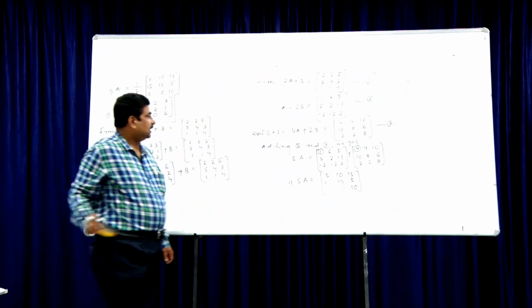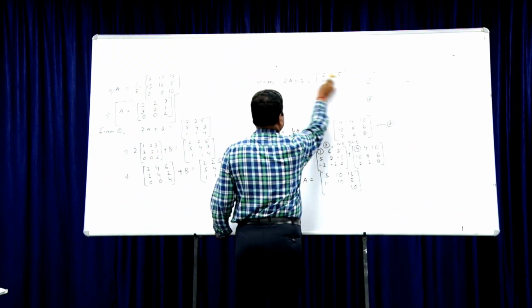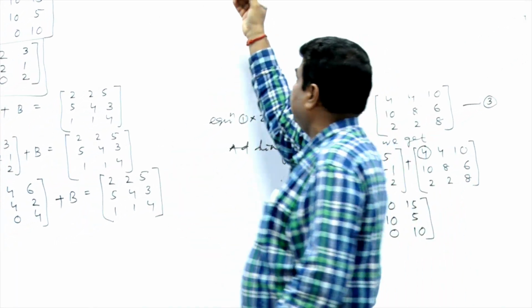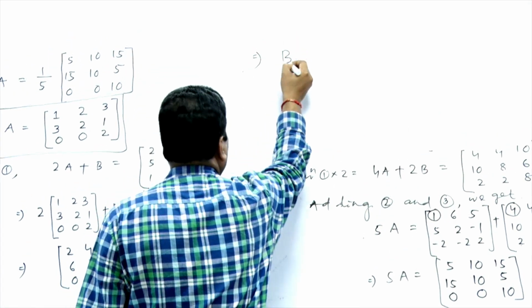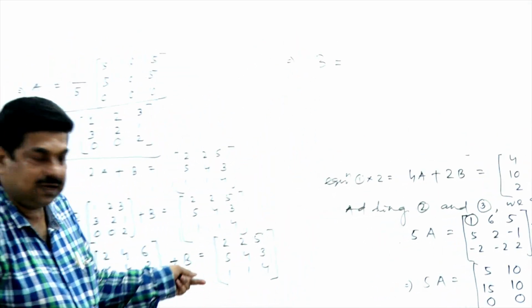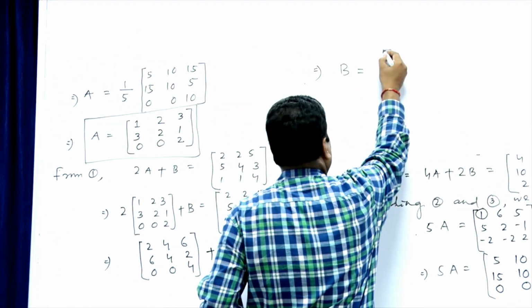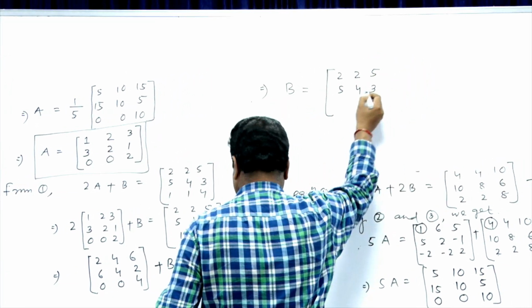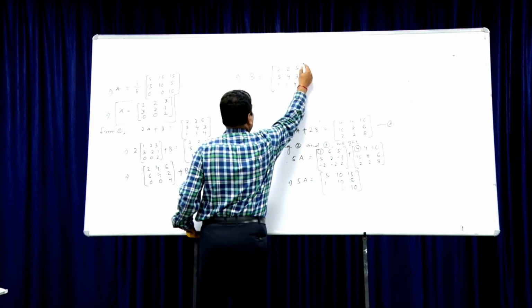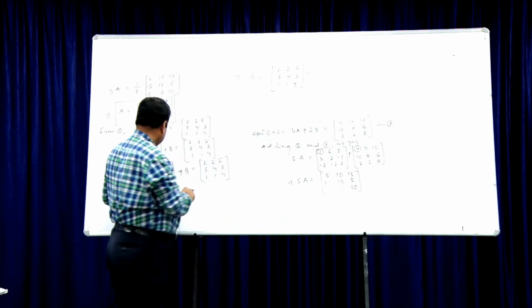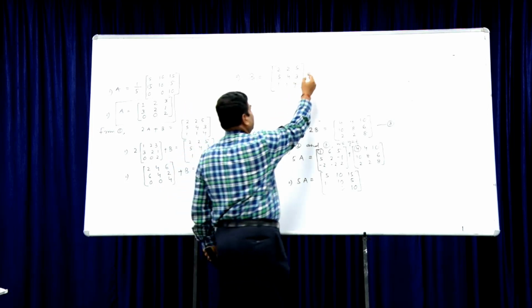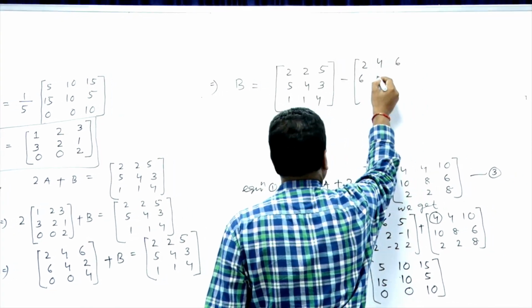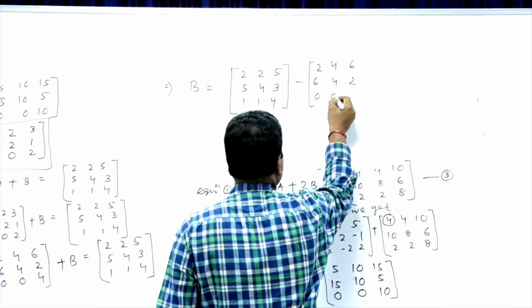So then we have to find the value of B. B is equal to 2, 2, 5, 5, 4, 3, 1, 1, 4 minus 2, 4, 6, 6, 4, 2, 0, 0, 4.